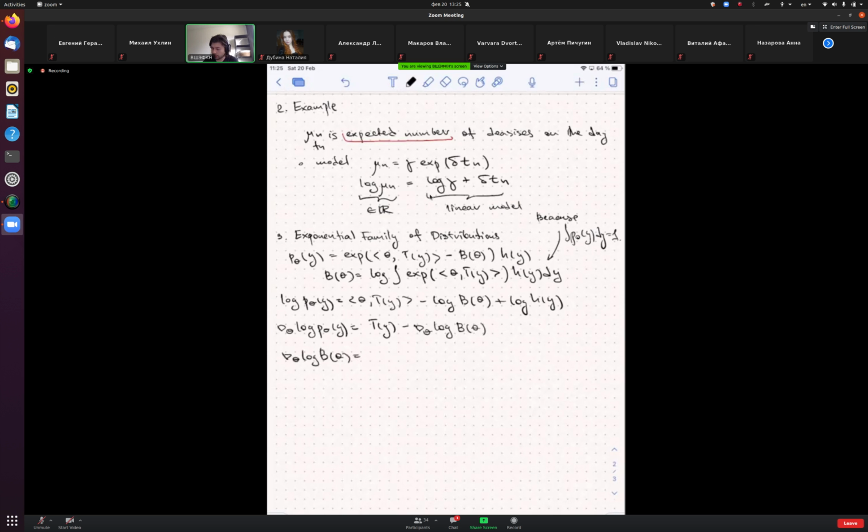Let's start just by doing what we can do: just take the gradient. Okay, sorry, there is no log here because it was inside the exponent. So it's just the gradient of the log normalizer, the logarithm of its definition.